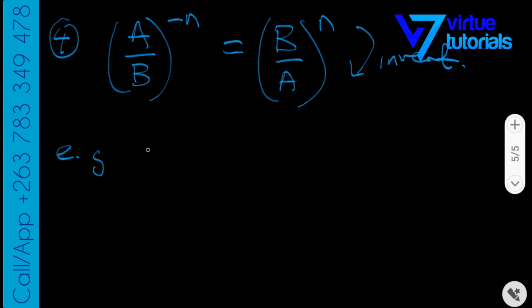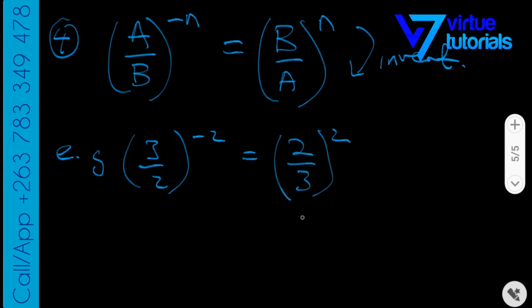Okay, so if I had something like 3 over 2 to the power minus 2, this becomes 2 over 3 to the power 2. And then if you so wish to go a step further, 2 to the power 2 is 4, 3 to the power 2 is 9. That would be your final solution there.